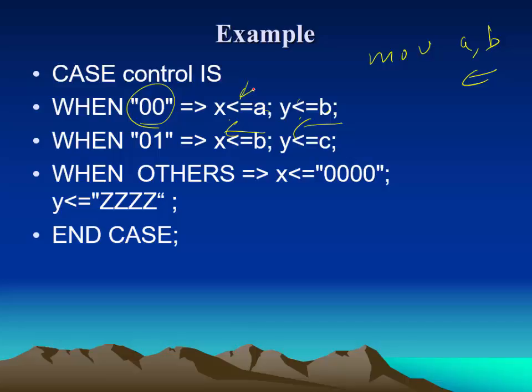But what this is saying is that when control is equal to 0, 0, X is going to be equal to A, and Y is going to be B. When control is 0, 1, X is going to get B and Y is going to get C. Now we're assuming for this argument that X, A, and B are all a bit vector 3 down to 0.